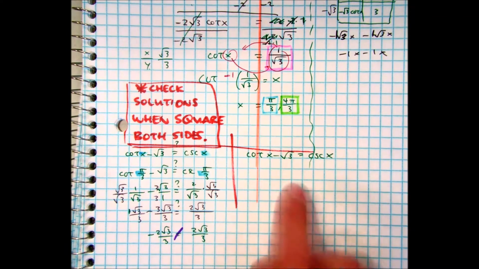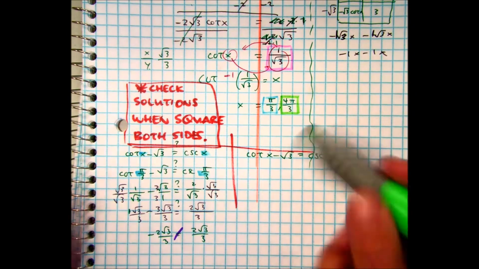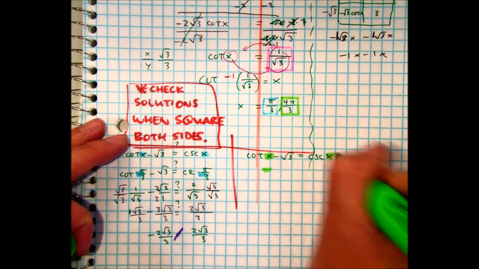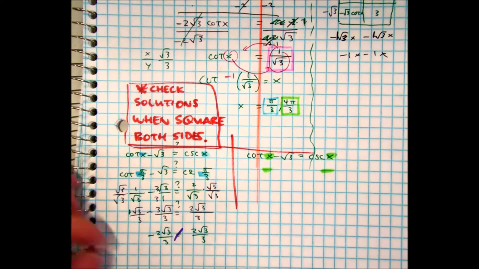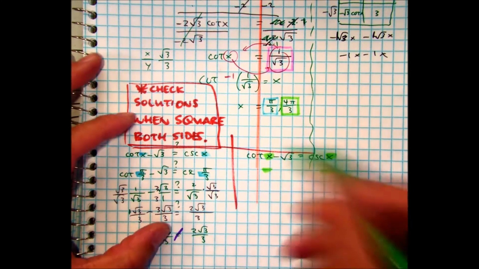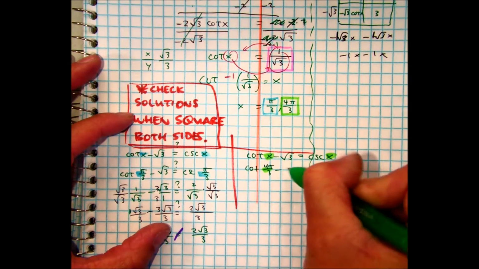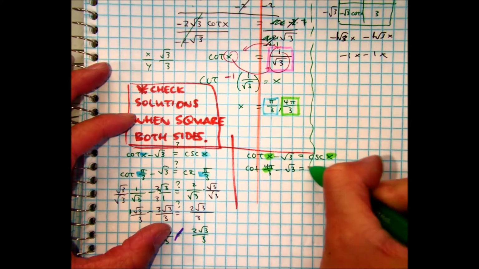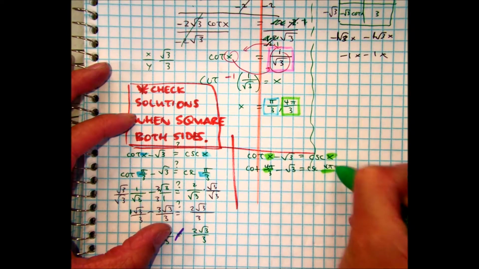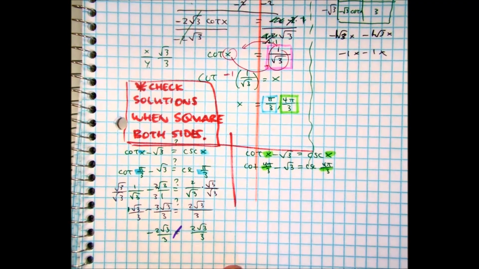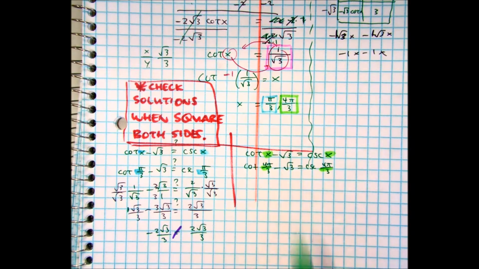Alright, so now we're testing the last one. We're testing 4 pi over 3. So cotangent of 4 pi over 3 minus radical 3, and cosecant of 4 pi over 3. I'm going to use my unit circle for cotangent at 4 pi over 3.